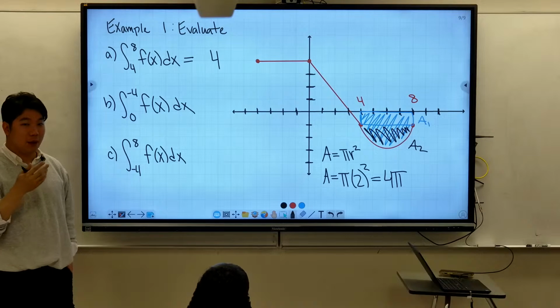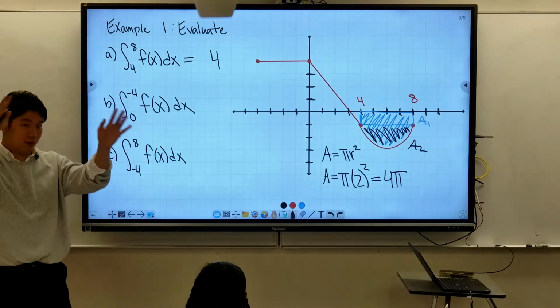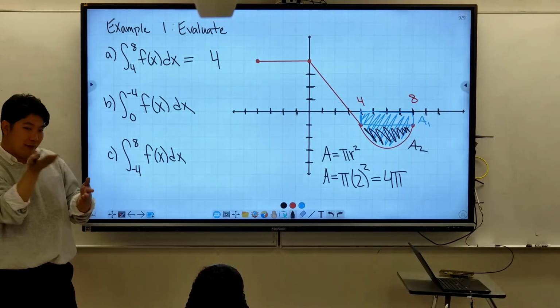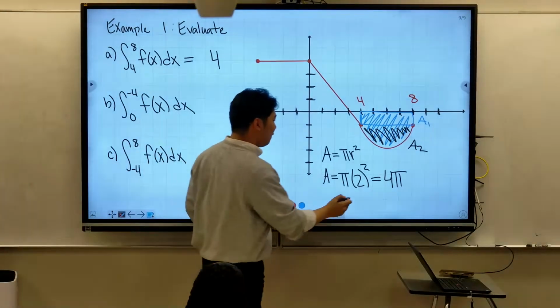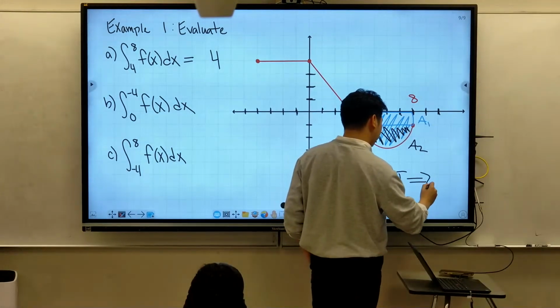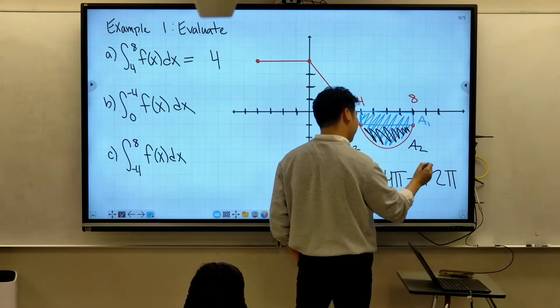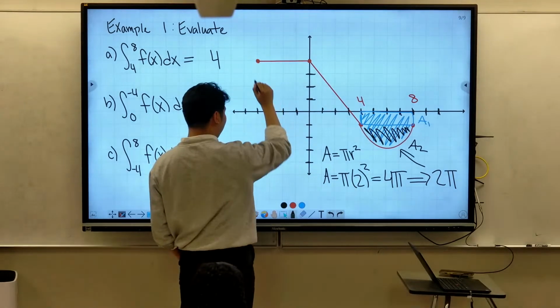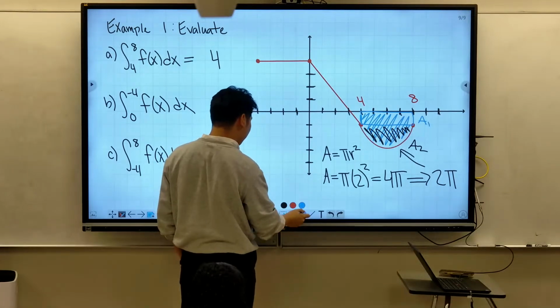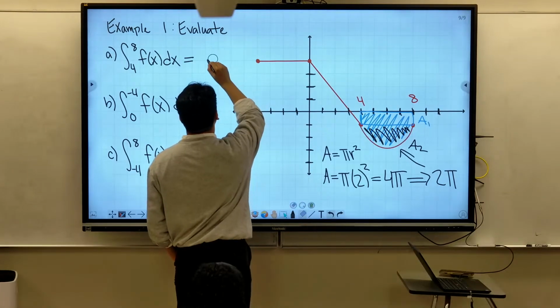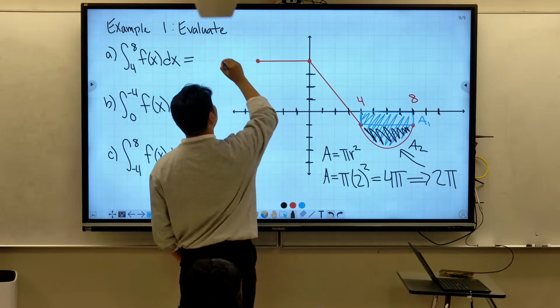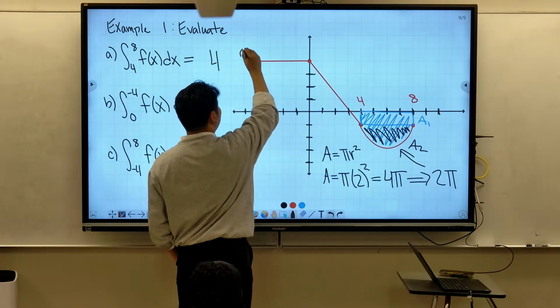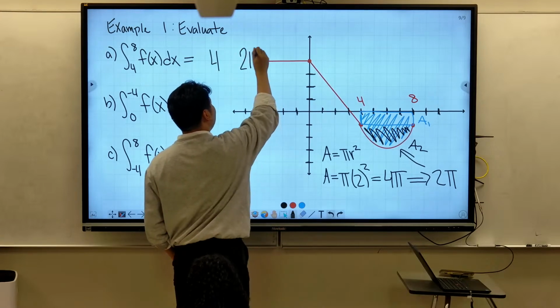Yeah. Remember, pi r squared is a whole circle. So if I want half the circle, I have to divide it by 2. So I have 2 pi. I'm going to erase this. Notice I'm leaving some space here because we are going to do one thing about this. At 4 and 2 pi.